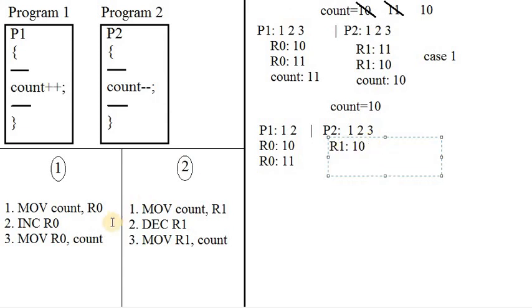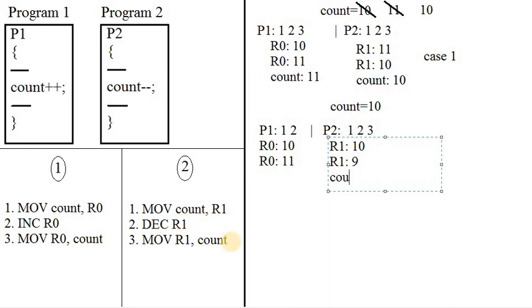Then what is the second statement? Decrement R1. R1 will become 9. Decrement means 1 will be deducted from that, right? So R1 become 9. Then what is the third statement? Move R1 comma count. So R1 value will be moved to count.